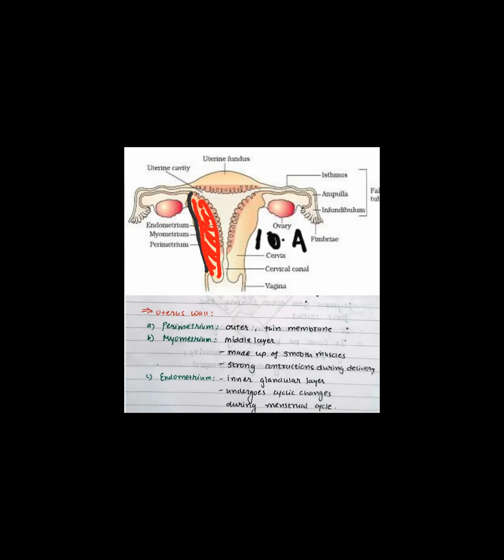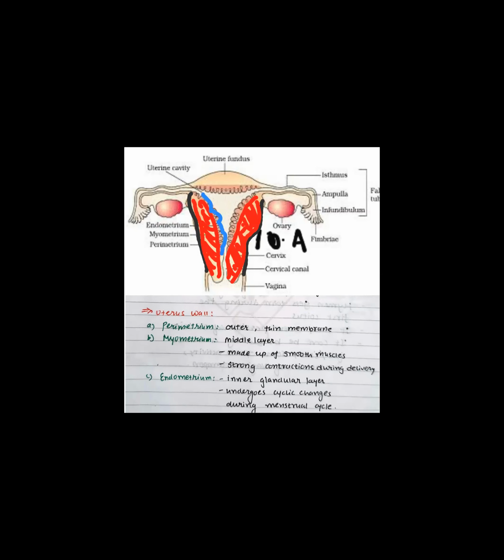After 9 months of gestation, baby will be released from the uterus to the cervical canal and further in the vaginal canal and be released outside the body of mother. For that, baby needs to be pushed over here. That push comes from this middle layer that is termed as myometrium, and it is mainly composed of smooth muscles.